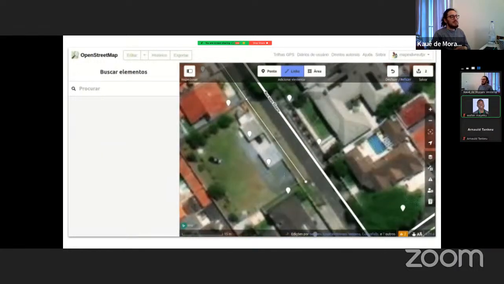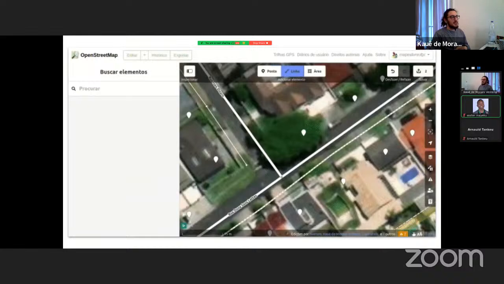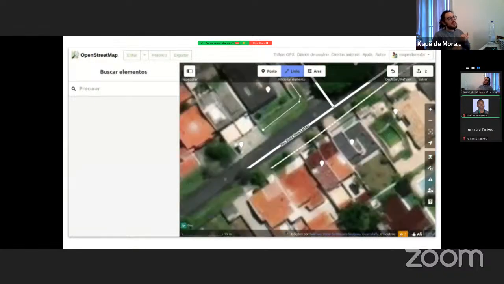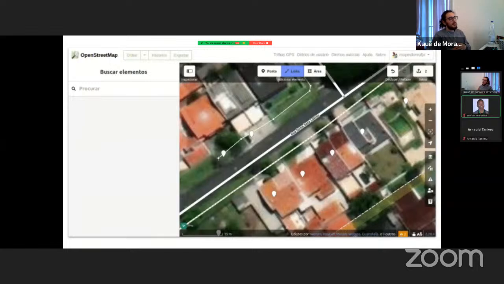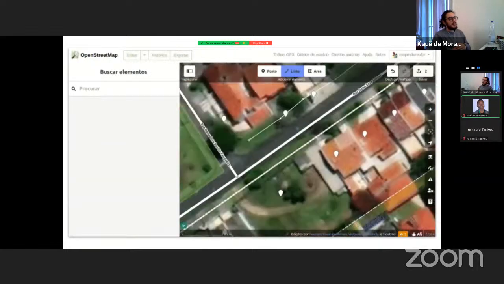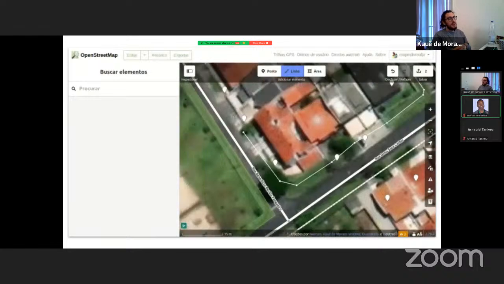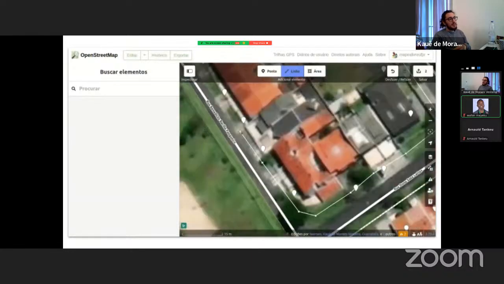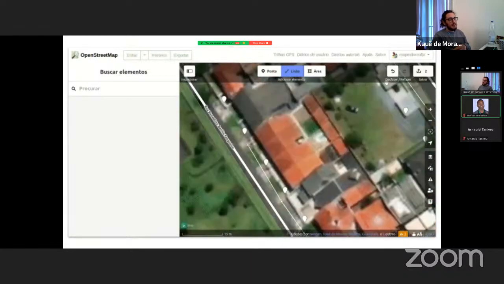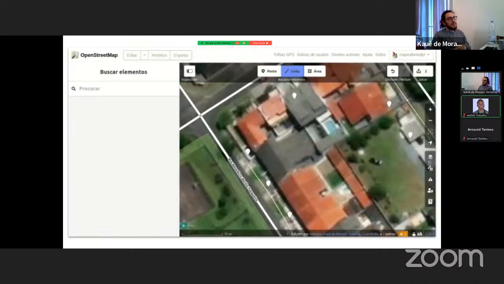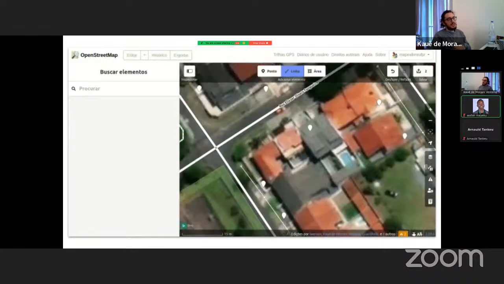There's not much of a secret. You just select the line tool, and with the help of the satellite imagery, you draw the pathway of the sidewalk. You always take care not to snap to things that are not part of the sidewalk, for example those addresses.